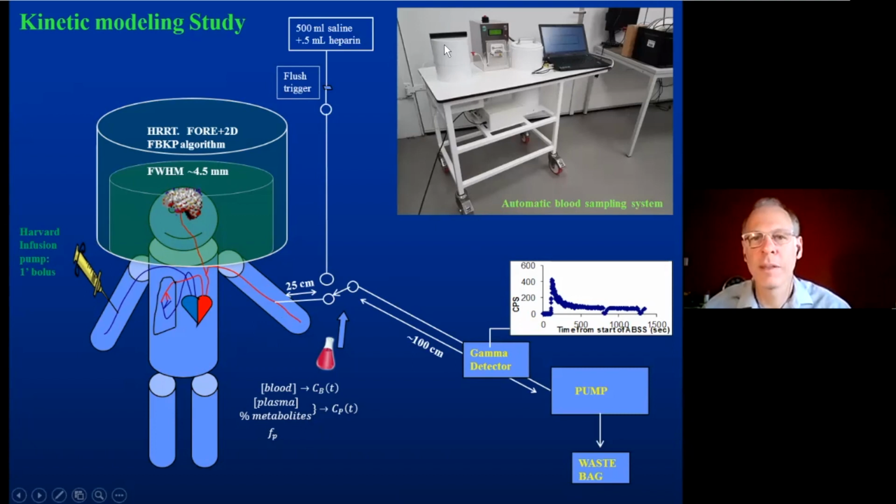There is a gamma detector which measures the concentration of activity in the blood that goes through the detector. And there is the laptop here. So this is the diagram of how this works. Basically, the pump pumps the blood, the blood runs through the detector, and the detector measures activity in blood.